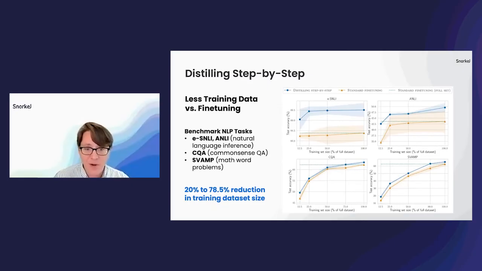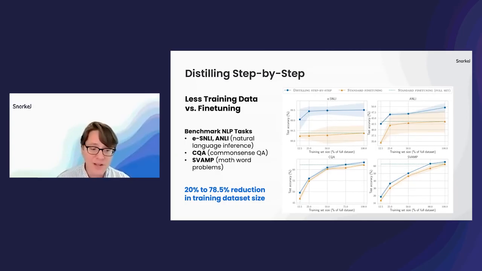And so if you train a model in this way, using this approach, you see a number of really exciting benefits. The Google research team looked at a variety of NLP benchmark tasks, from natural language inference to common sense reasoning to math word problems. And what they found is that if you train using this distilling step by step, you can get a 20% to 78.5% reduction in training set data size.